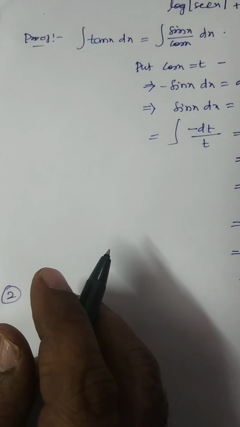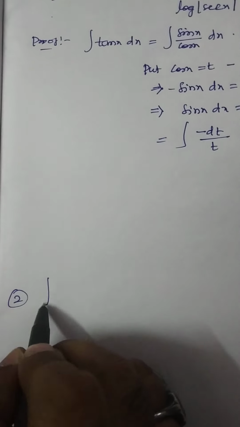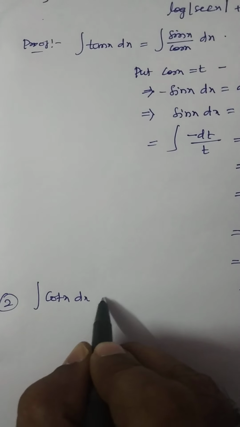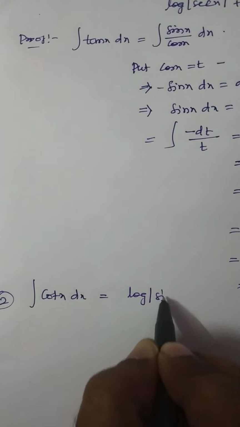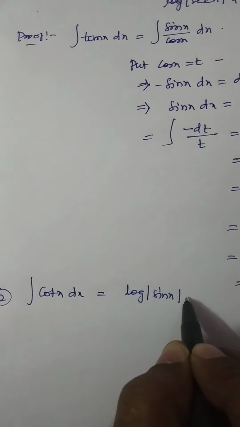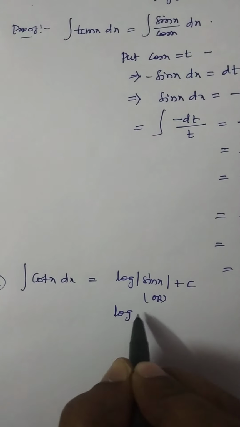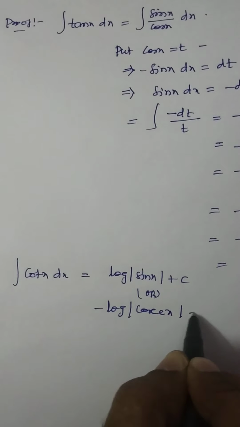What is the second one? Integration of cot x dx, which is equal to log of sin x plus c, or even we can get minus log of cosecant x plus c.